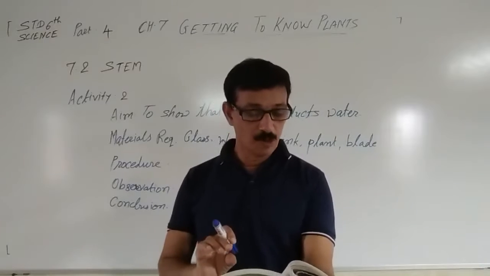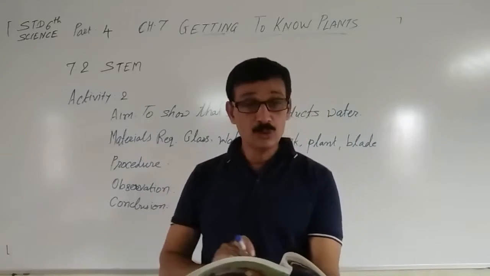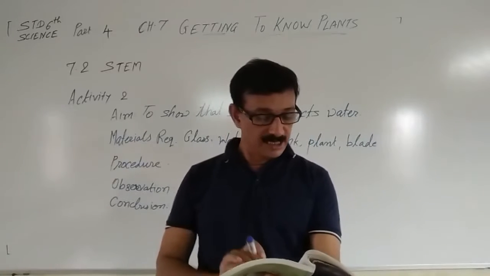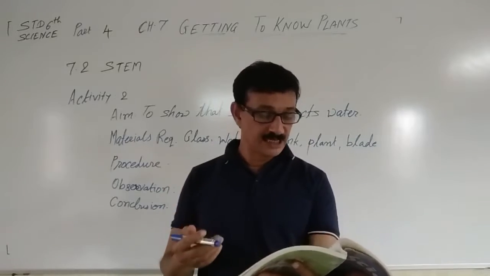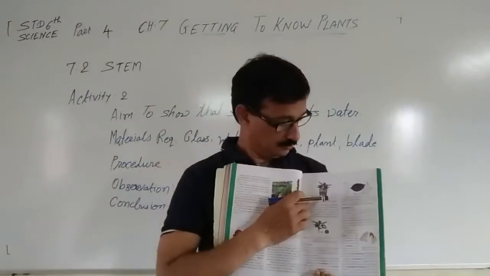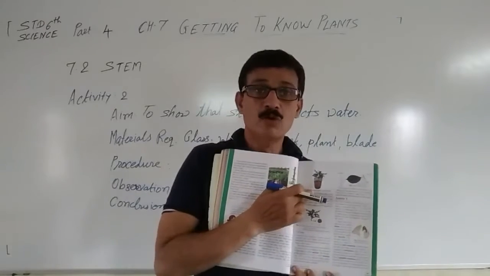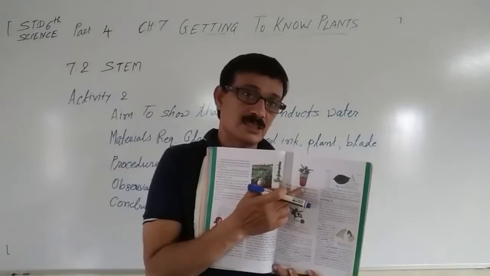Add a few drops of red or blue ink to the water. Cut the base of the stem and put it in the glass as shown in figure 7.6. Look at this figure. This way you have to put the stem in the glass.